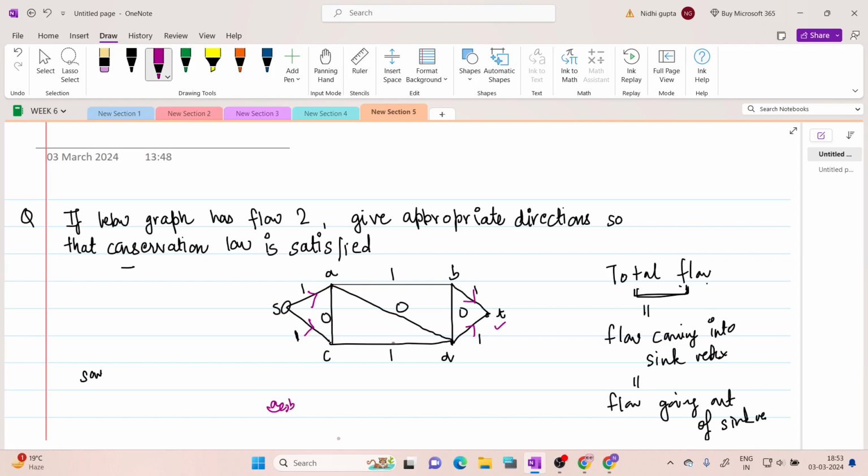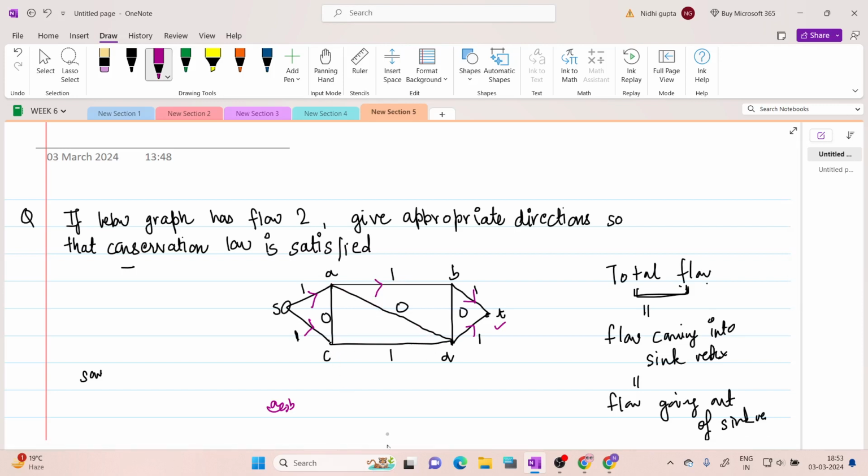Why? Because there is zero flow on the other edge, and only the flow of 1 which is coming into A is going to B. Since there is a flow of 1 coming into A, 1 should also go out of A. There are just 2 more edges, and since this one is 0, it won't contribute to anything. So AB should have this direction. What about CD?